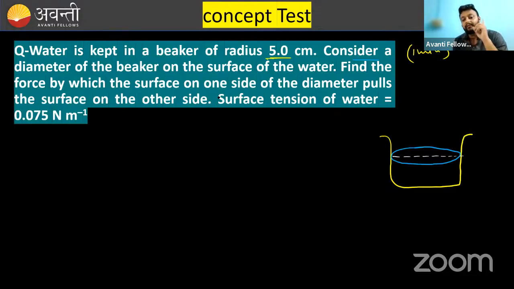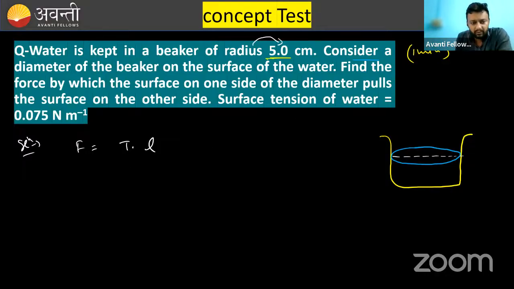As I told you, F is equal to T into L, where L is the length of the imaginary line. That length is the diameter. The radius is 5 centimeters, so the diameter will be 10 centimeter.